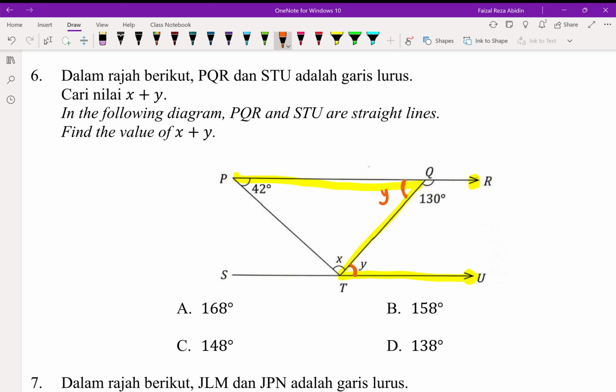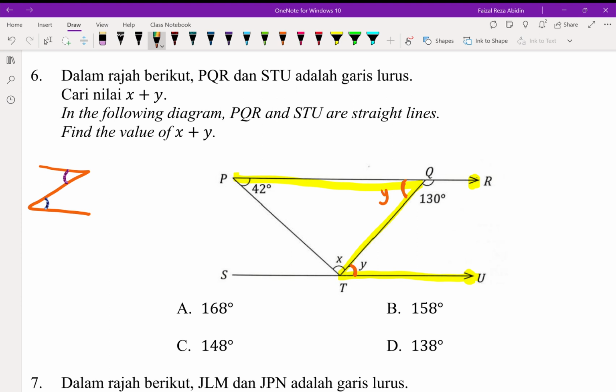Why? If you are going to have a Z like this, the angle is going to be the same here and here, girls. So, do you have the angle at our y there?